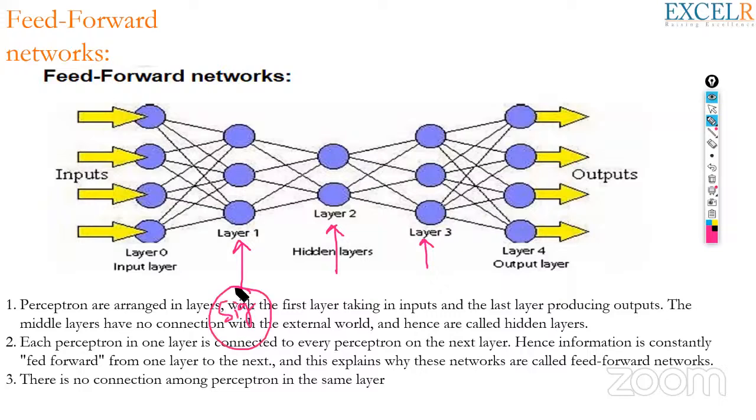You can select the sigmoid as the activation function for layer 1, ReLU as the activation function for layer 2, again ReLU for layer 3, and some other activation function for the output layer. So it's up to you which kind of activation function you use for each and every layer.